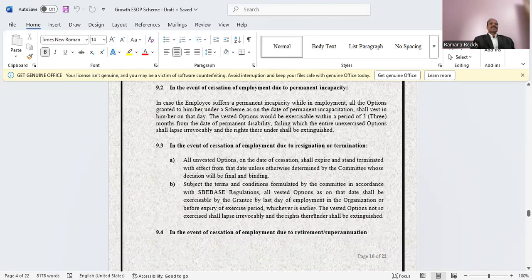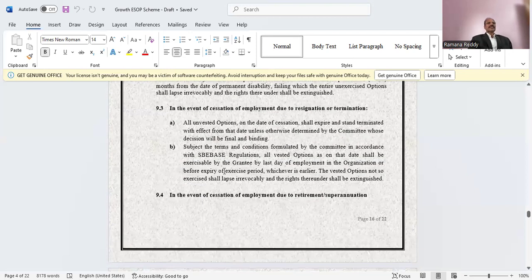In the event of cessation due to resignation or termination, now this is important. See, all unvested options, suppose the options are not yet vested, as on the date of cessation shall expire and stand terminated with effect from that day unless otherwise determined by the committee, whose decision will be final and binding, subject to terms and conditions formulated by the committee in accordance with the ESOP regulations.